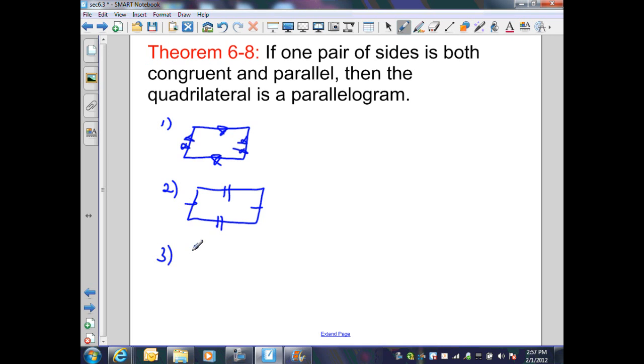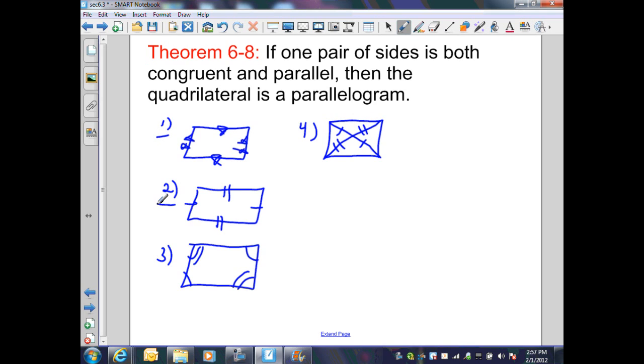The third one was if I can prove opposite angles are congruent. And on the previous slide, number 4, is if I can prove that the diagonals bisect each other. And all of these should seem very, very familiar from the previous definitions and properties.